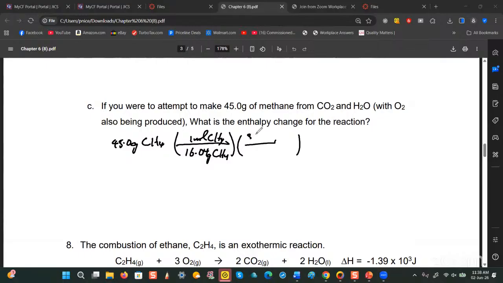So this will be 890.4 kilojoules for every 1 mole of methane.